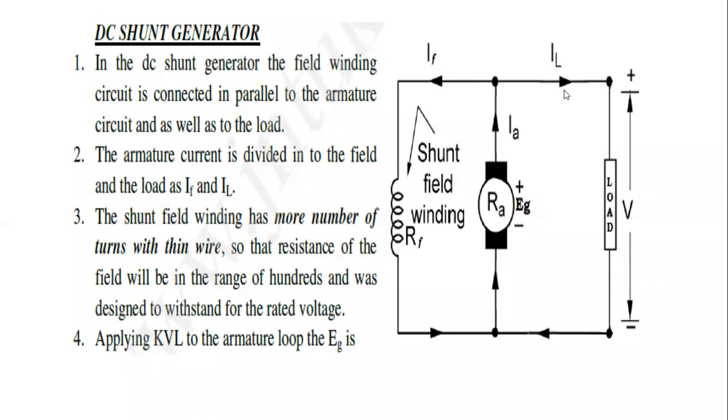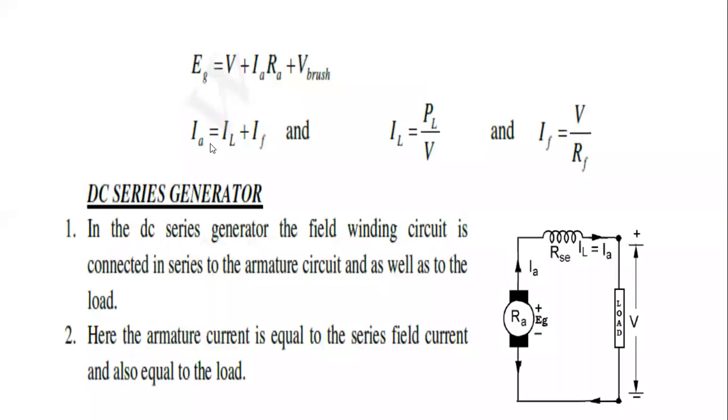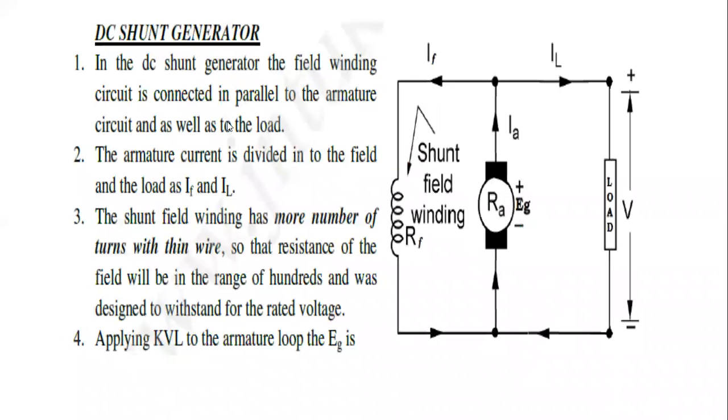Therefore, IA is equal to IL plus IF. Similarly, IL is equal to P by V and IF is equal to V by RSH. These are very important formulas for solving problems related to the types of DC generator. Remember those formulas.